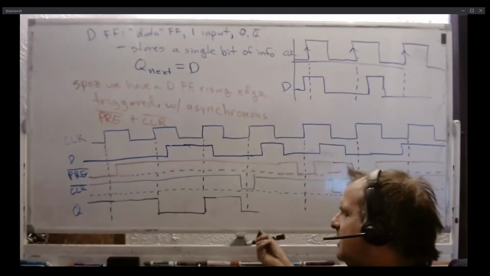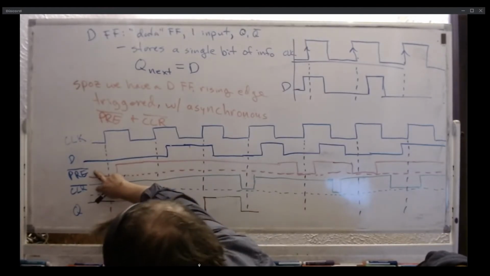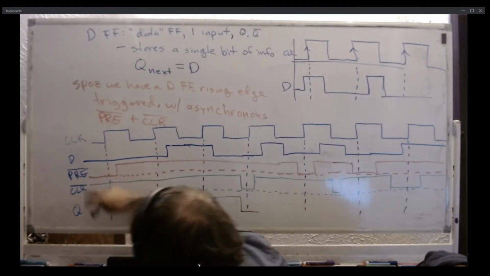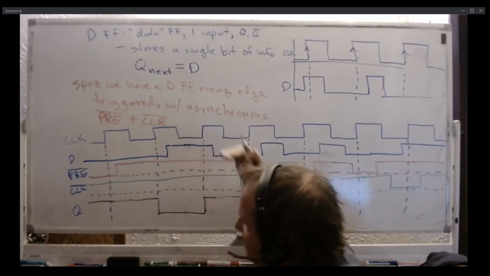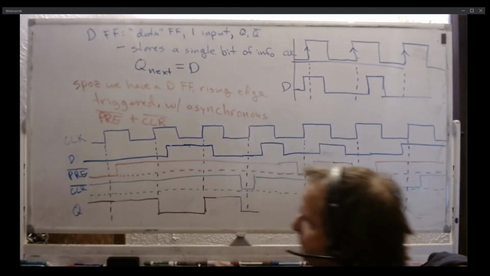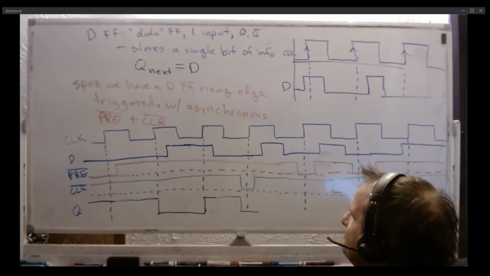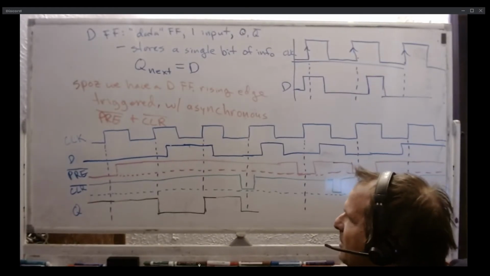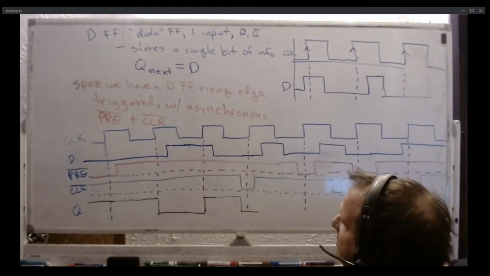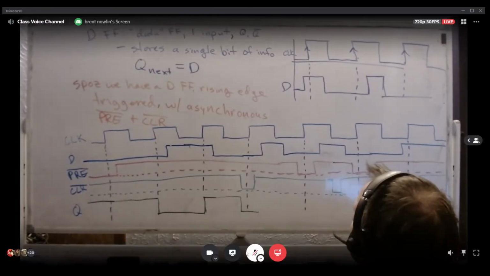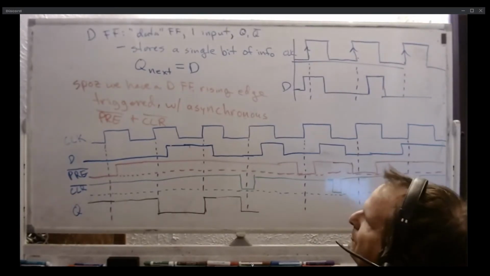Because if you send both of these active, you're telling the output Q to go high and to go low at the same time. What's it supposed to do? Nothing good. It's kind of like a kid in a custody battle: do I go with preset or do I go with clear? Did I answer your question, Brian? Yes.